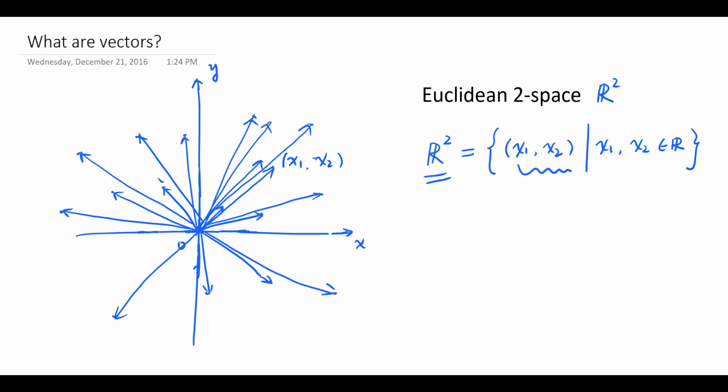The take-home message here is that the seemingly different meanings of R2 are because of the one-to-one correspondence of two tuples, points in the xOy plane, and vectors in the xOy plane. It is very important that we understand this one-to-one correspondence and the meaning of the Euclidean 2 space before we move on to more complicated concepts.